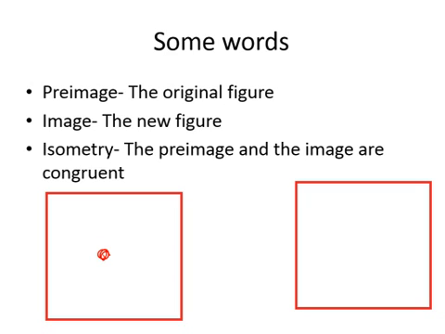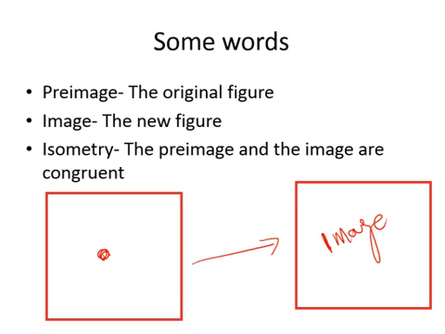After I've moved it or changed it, this has been shifted over. This one is now my image, because it's been shifted, it's been changed in some way. That's the new figure, so that's going to be your image.